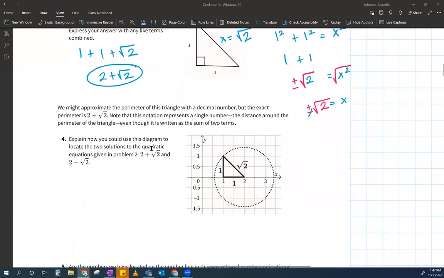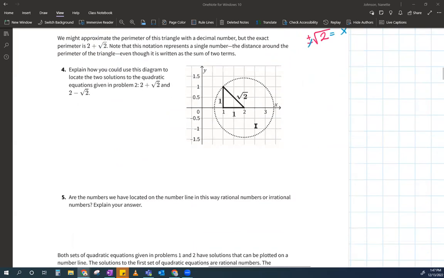So explain how you can use this diagram to locate the 2 solutions to the quadratic, 2 plus root 2 and 2 minus root 2. Do you guys all see? Tell me what you see here. I need you to be great observers and tell me what you see. Yeah, you see a circle. Very good.